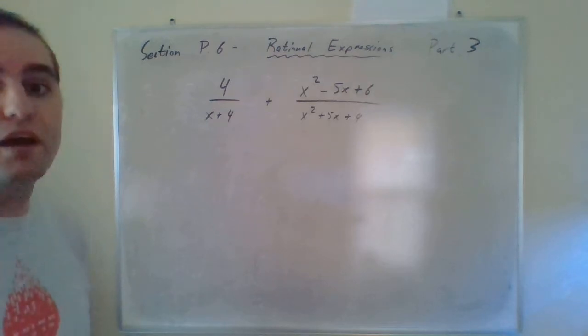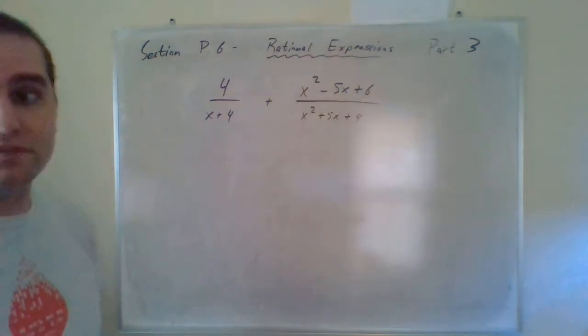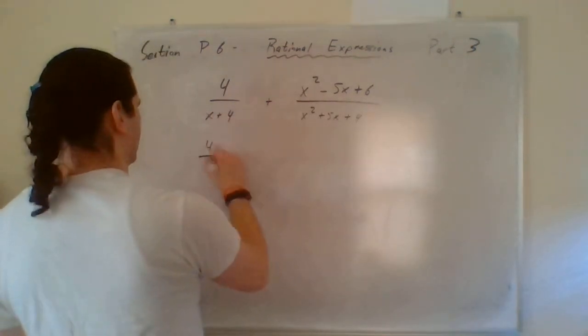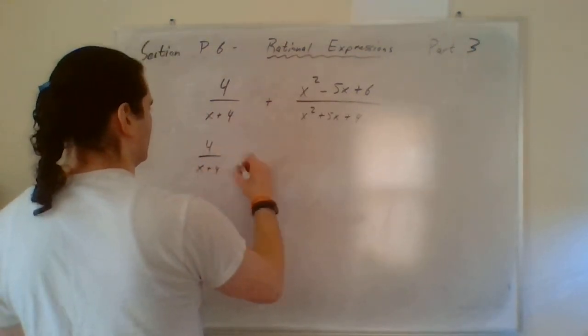So, as always, we want to start by factoring things. This is already as simple as it gets, so no need to factor that. It's just 4 over x plus 4.